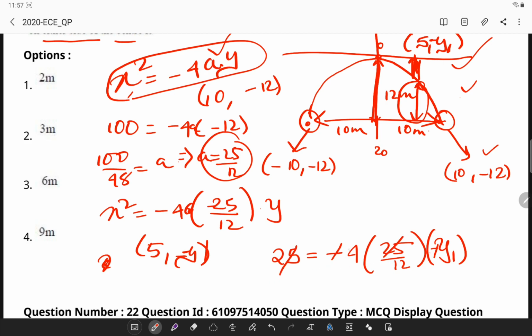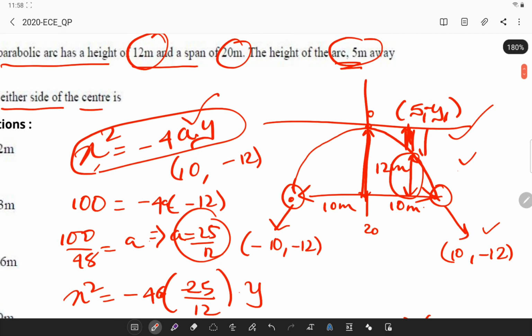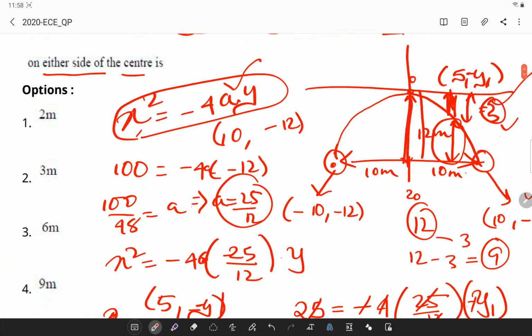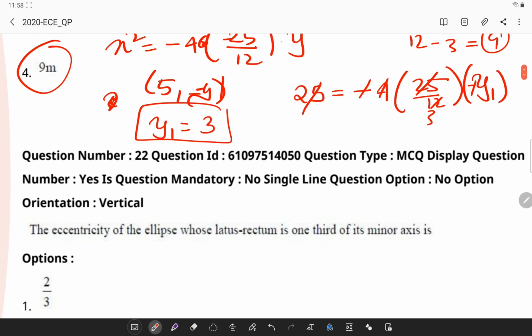So I will be having y1 is equal to 3. So we got the value of y as 3, but the total height is 12. So we have to subtract this 3. So 12 minus 3 is 9. So this is your answer.